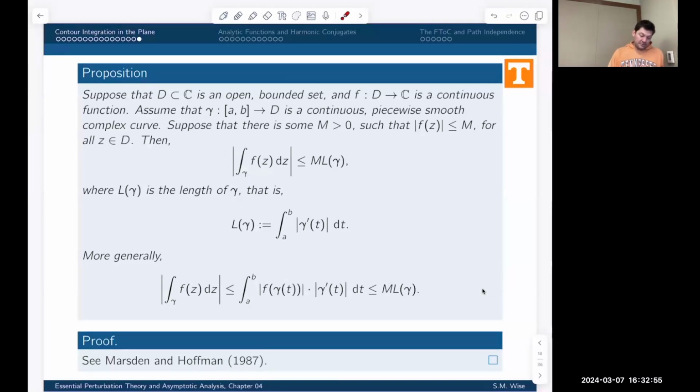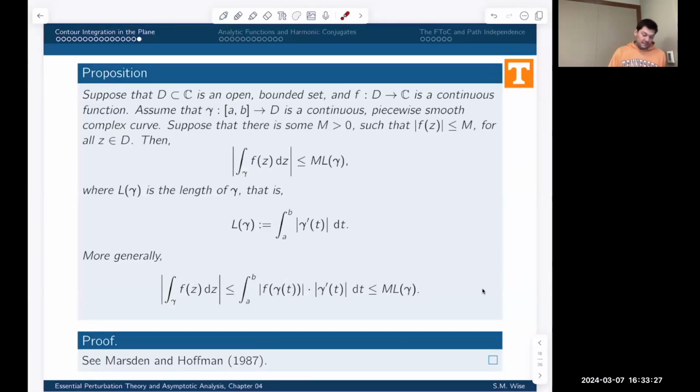If f is a continuous function and gamma is a continuous piecewise smooth curve, and suppose that f is a bounded function, or has this bound M for all z in D, then whenever I integrate on gamma of f of z dz, I can bound this by the largest value of f along that curve, which is going to be M, times the length of the curve.